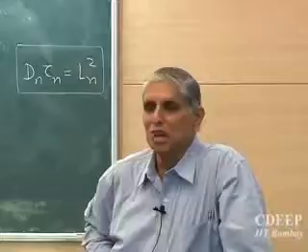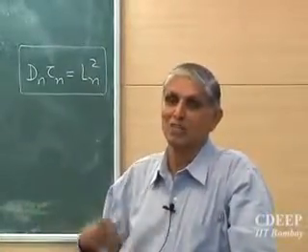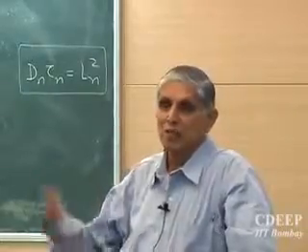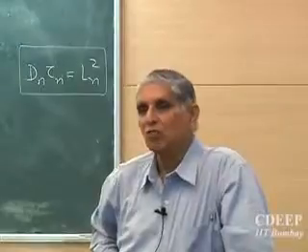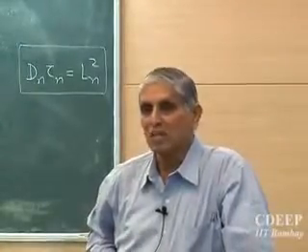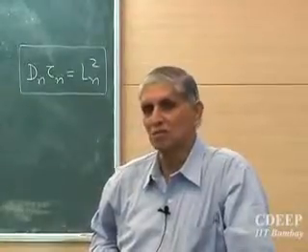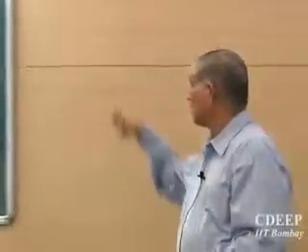So D into tau: tau is a time term, and diffusivity is also time dependent, centimeter square per second, and therefore the product has a unit of length square. So the length and diffusion are now getting related to time terms, and this is what we are really looking at. Is that clear? Why did I show you this expression?